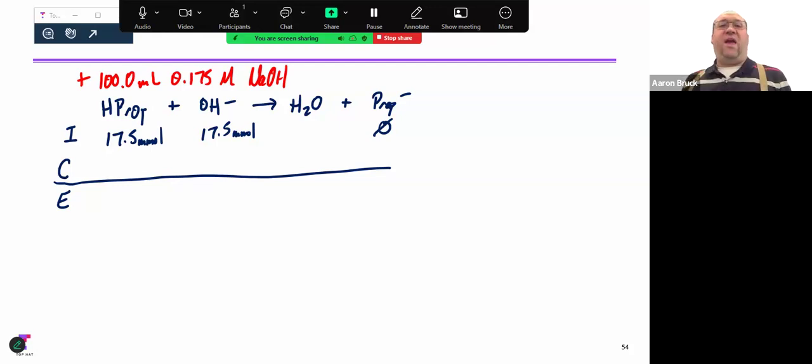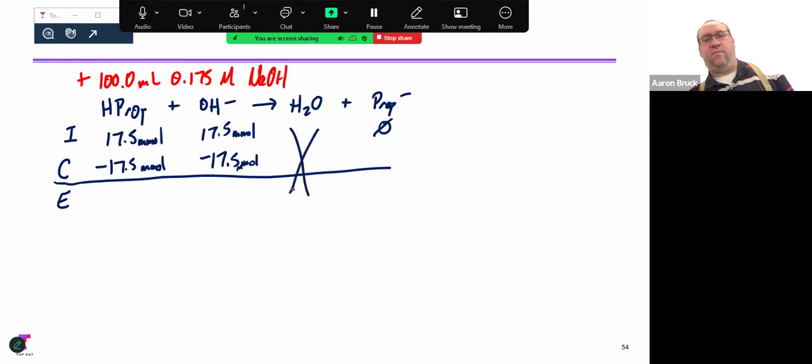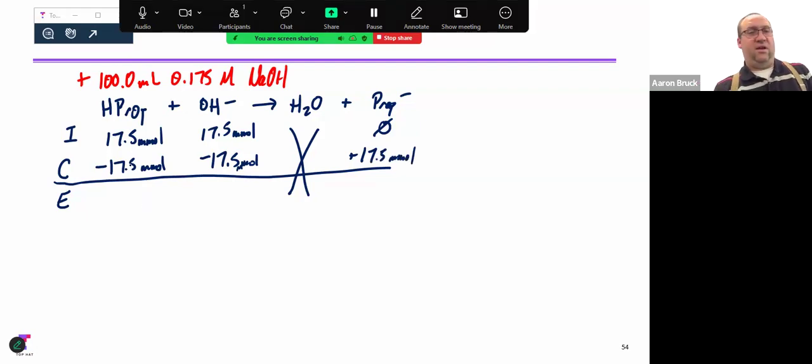So here's where we have a peculiar situation. From a stoichiometry limiting reactant standpoint, they both run out. 17.5 millimoles here, 17.5 millimoles here, and 17.5 millimoles of product as a result.